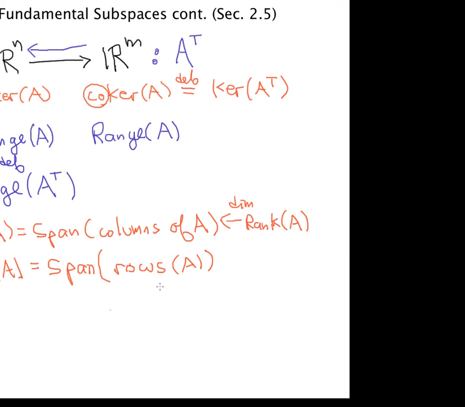Now, of course, just looking at this picture, the range of A and the co-range of A live in different spaces. So these two spaces don't have anything directly to do with each other, but a basic fact is that they have the same dimension. The fact is that the rank of A is equal to the rank of A transpose.